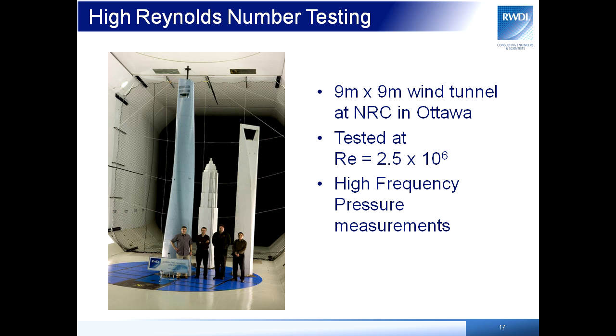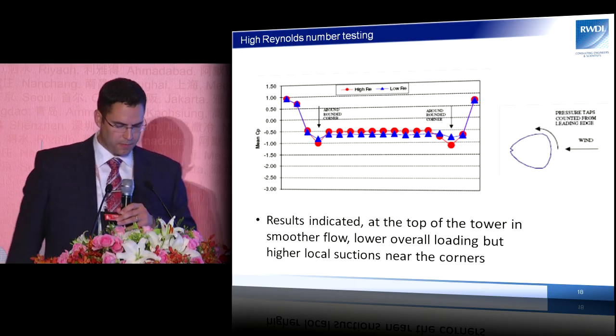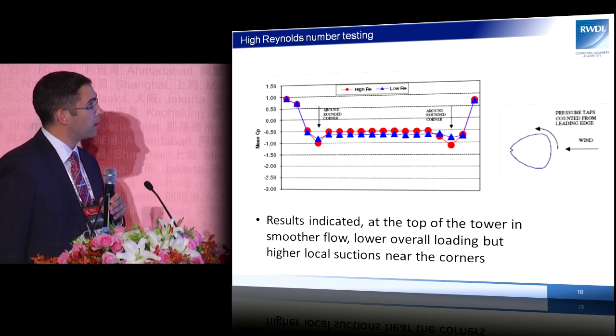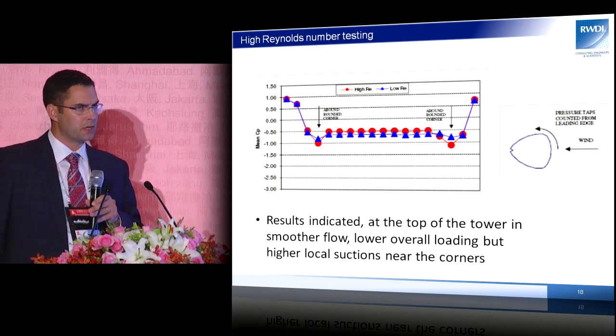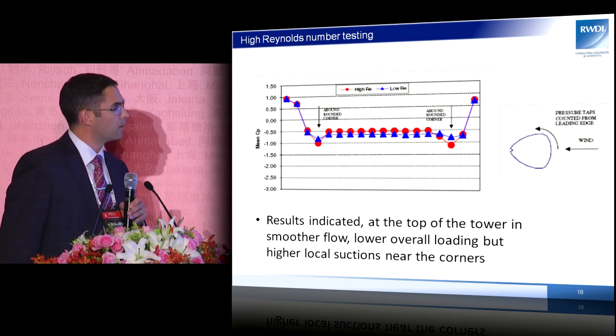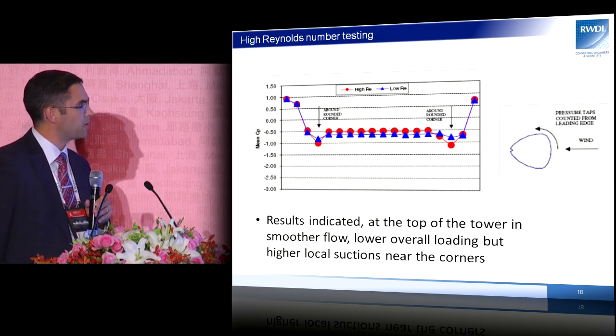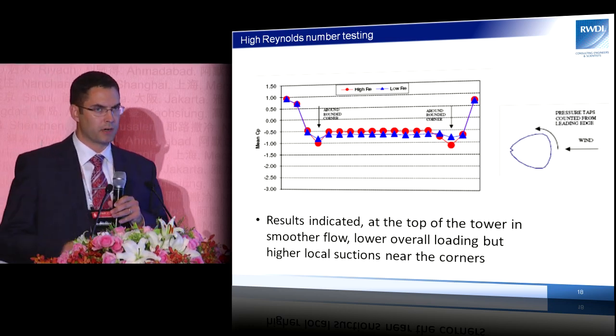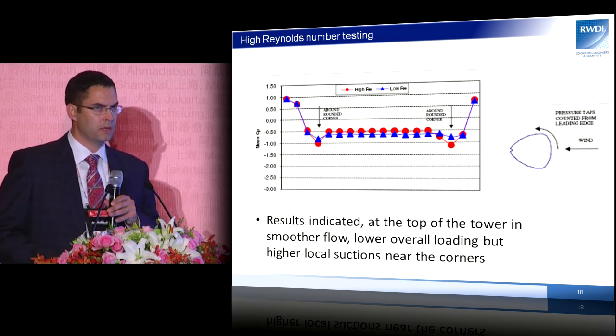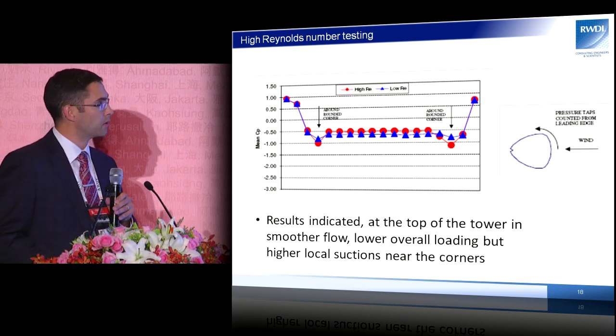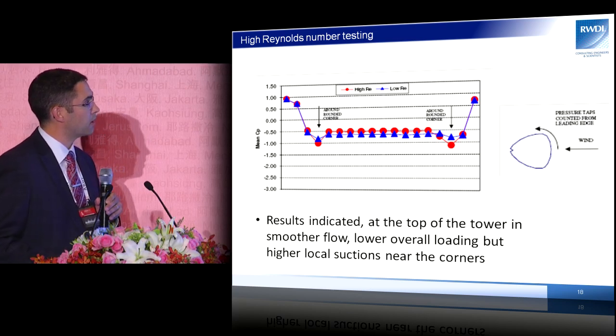And obviously, a significant large scale. These are not small people. And what we found is that at the higher Reynolds number, in fact, the force coefficient did change. And it changed towards the top of the tower, not as much towards the bottom of the tower, where the turbulence induced both by the ground and also the surrounding buildings took away some of that Reynolds number dependence.